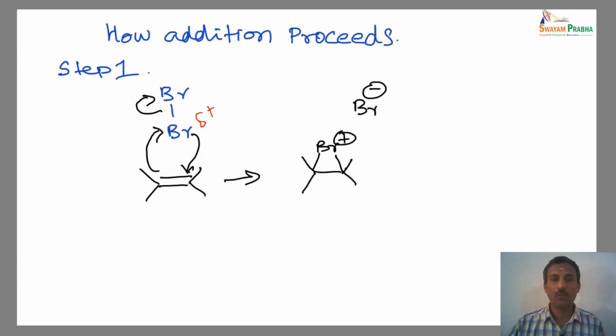So a bromine negative charge cannot add to this double bond, rather a delta plus charge only can add to this double bond. So the intermediate that is formed is a cyclic bromonium ion intermediate, and this leaves the bromide ion separately.